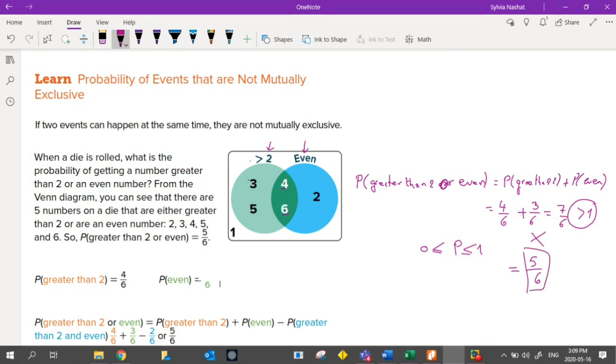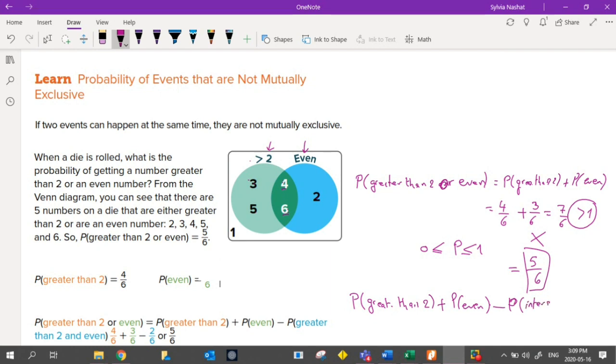How can I find 5 over 6 from the probability of even and the probability of a number greater than 2? We do this by taking the probability of greater than 2 plus the probability of an even number, which we found was 7 over 6, but we subtract from it the probability of the intersection between the first event and the second one.